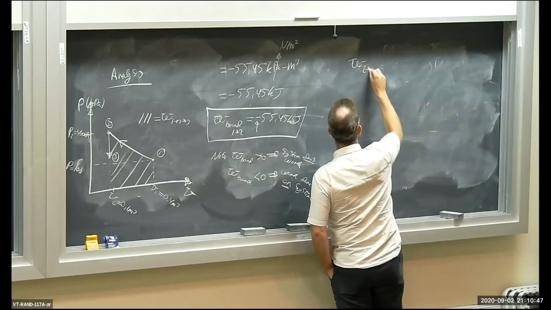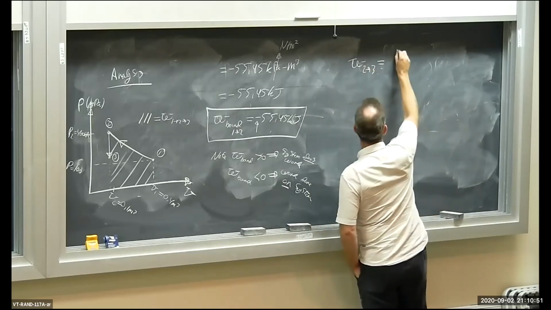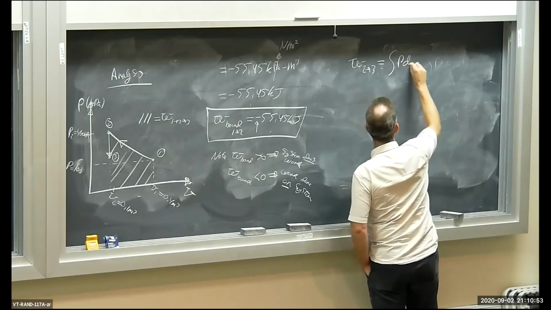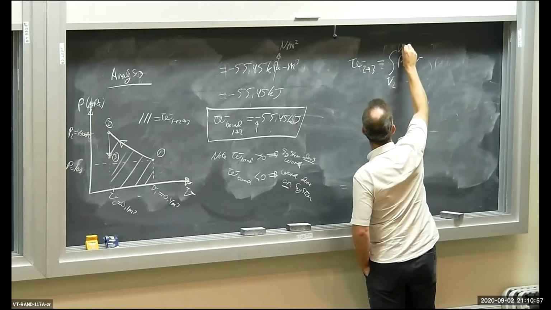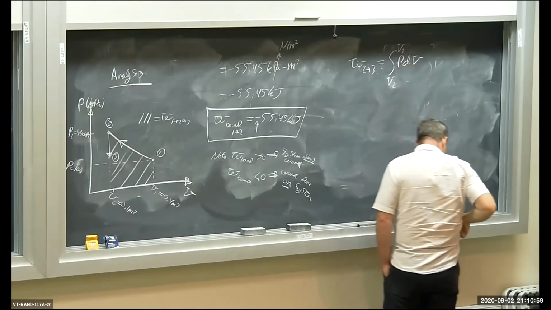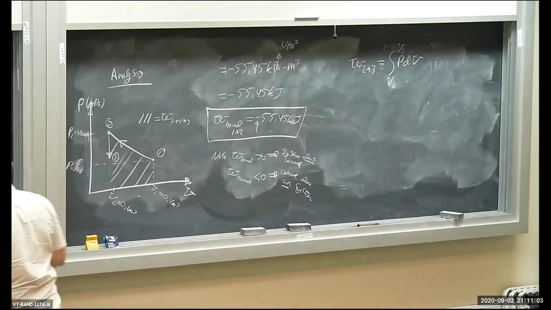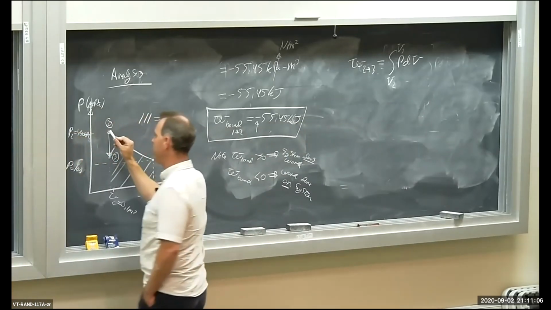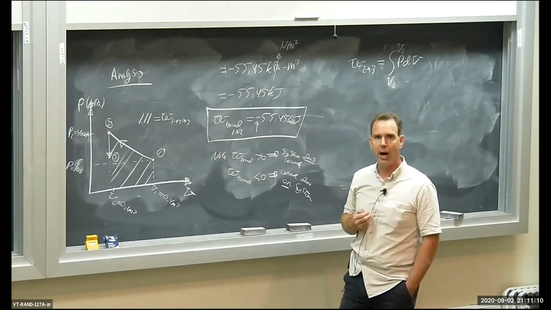Work 2 to 3. Let's write the integral. It's equal to the pressure times dV from V2 to V3. Now, one thing to notice about the process 2 to 3, it's constant volume. It is isochoric.